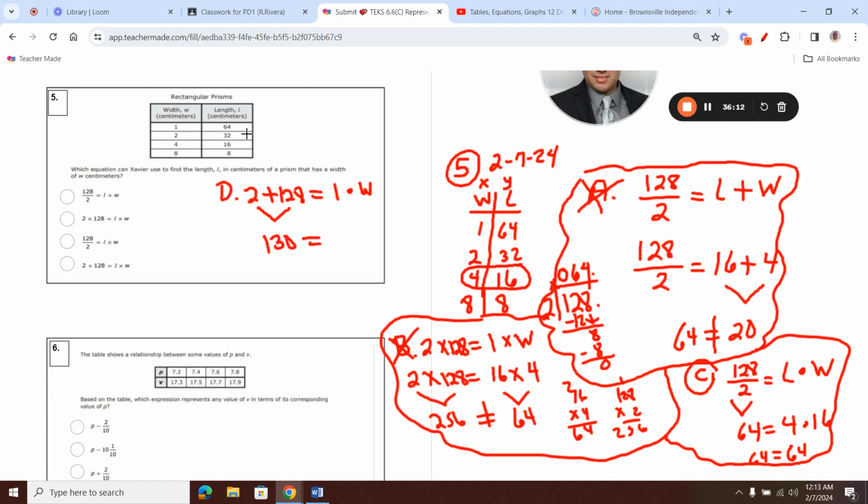The length becomes the 16 because we decided to go with that one. And the width becomes the 4. It doesn't matter which from the tables you choose, just so you know. Now this one we already did. It's right here. 16 times 4 is right here. So you'll see that 64 is not equal to 130. And that's why letter D is also wrong.